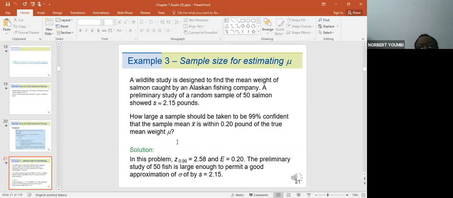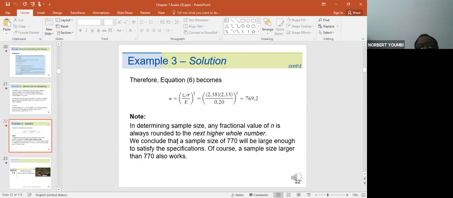For a 99% confidence interval, ZC is 2.58. The preliminary study of 50 fish is large enough to permit a good approximation of sigma by S equals 2.15. So we fit all this into the formula to get n equals 769.2, which we round up to 770. So that's the minimum sample size to get a margin of error of 0.2.